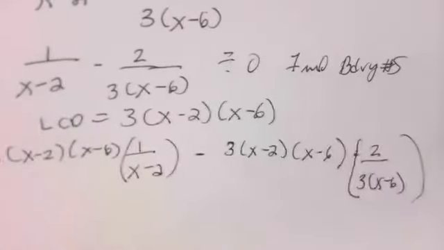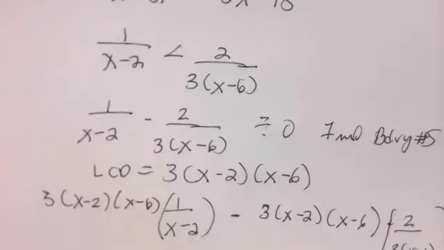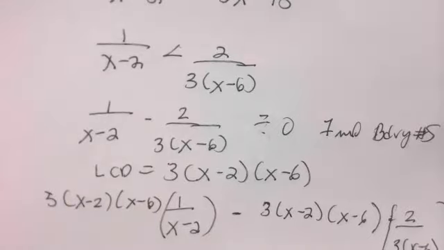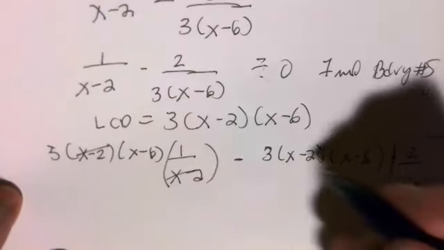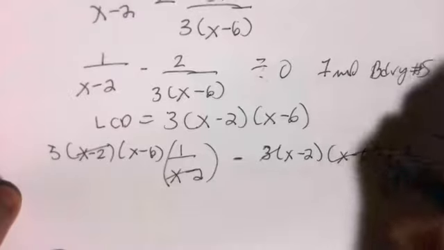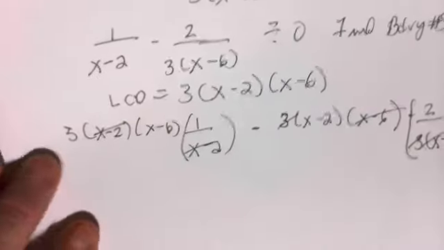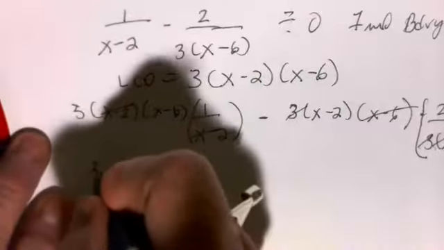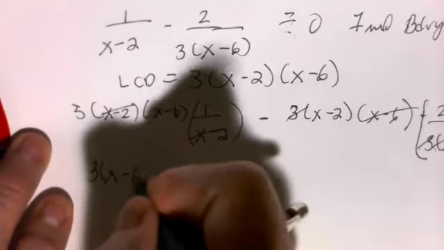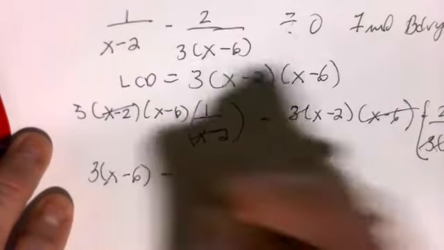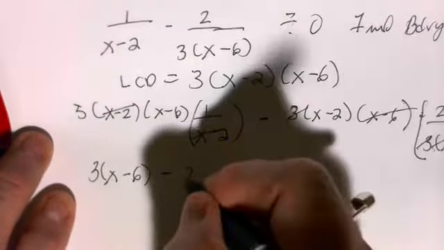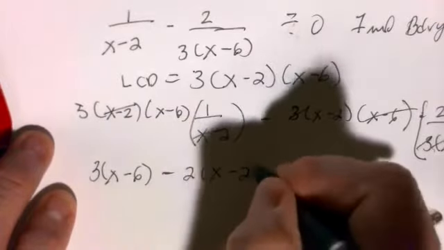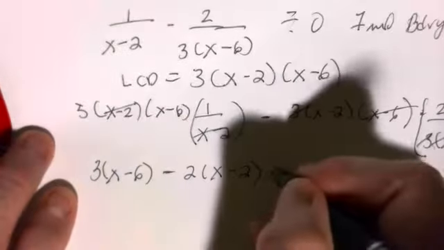Okay, I think I've got everything written out there. So what's going to cancel? The x minus 2s, the 3, and the x minus 6. And then what we've got left is 3 times (x minus 6) minus 2 times (x minus 2) equals 0.